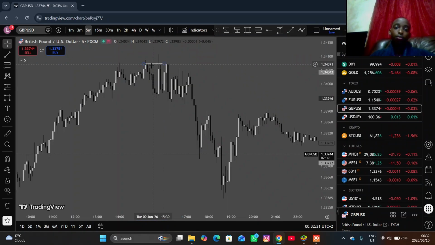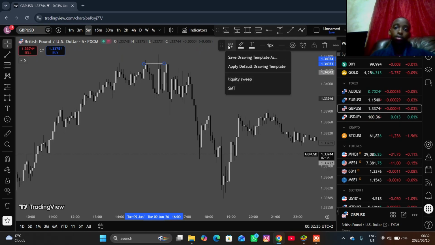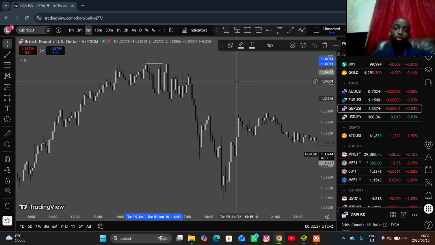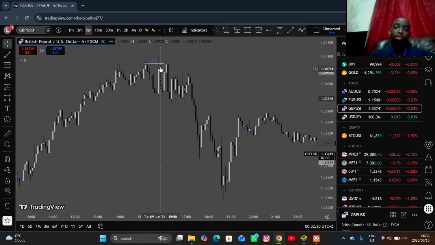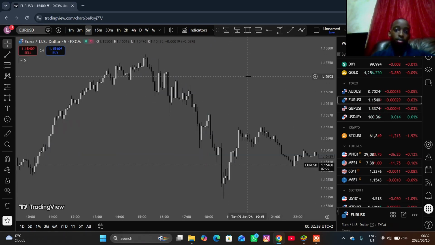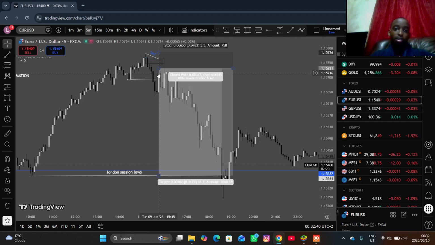On GBP, that's a confluence for us. So this is a liquidity sweep over here. Could have taken an entry off that. Probably would have gotten stopped out, but that's a nice entry. As you can see, price clearly dumps. But EURUSD had the clear setup as it's an SMT at exactly the same time, 3:45.